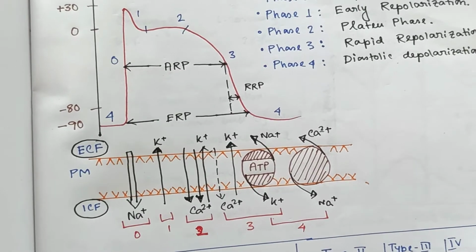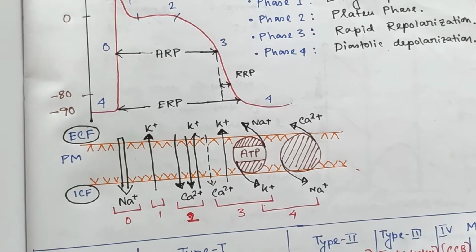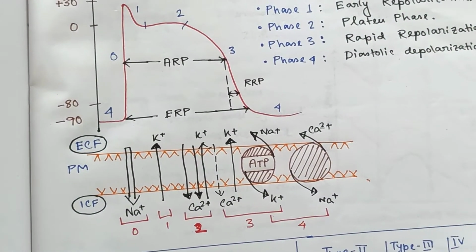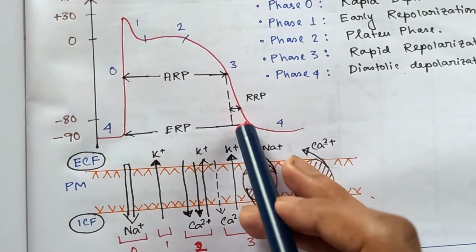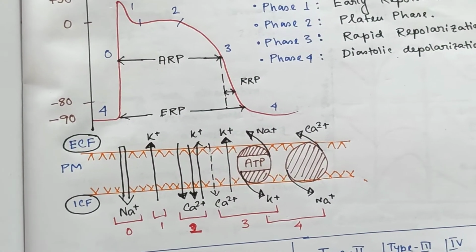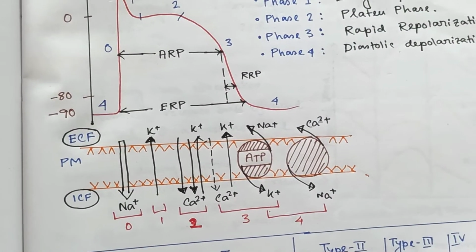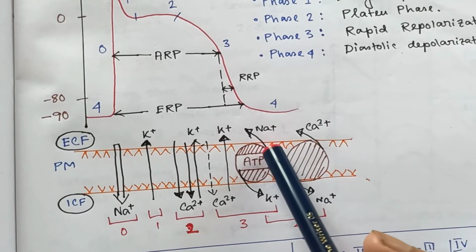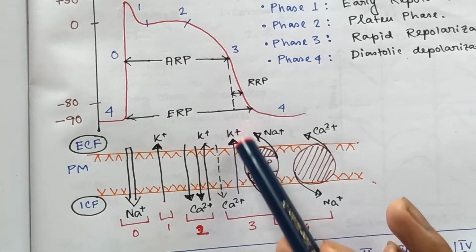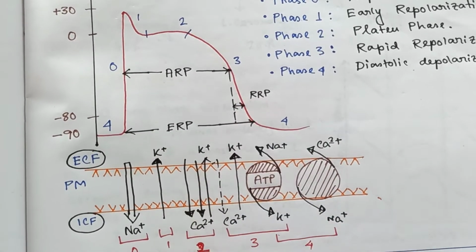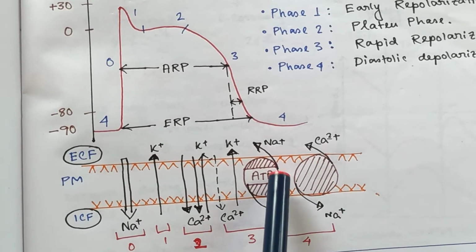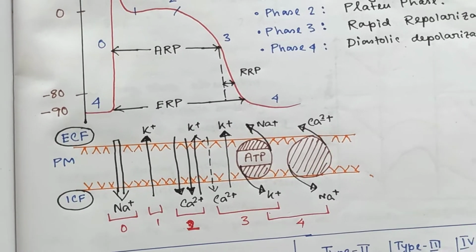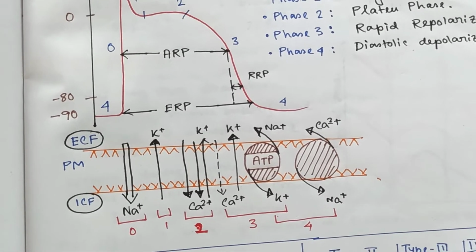So it soon resumes its initial negativity, that is minus 80 millivolt, and ultimately it reaches the normal resting membrane potential of minus 90 millivolt. And also in this time, the ATPase pump that causes entry of potassium from outside and exit of sodium from inside by a pumping action, and all this maintains the resting membrane potential of the myocytes.